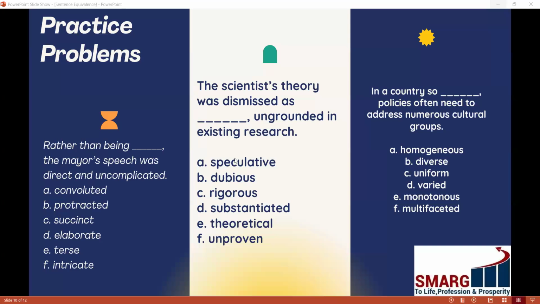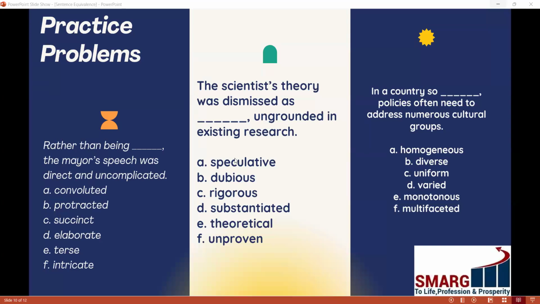Not entirely, something which needs further research, or it is not too pure or filtered. That is undercooked, right? Okay. So now for this, what are the two words? Speculative and unproven. A and F. Right?